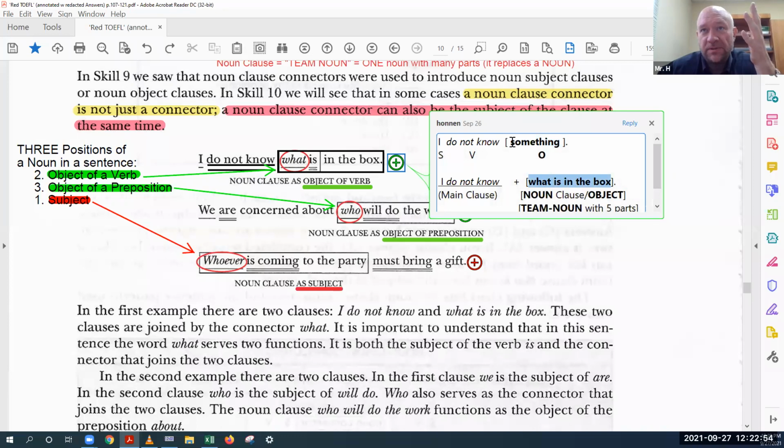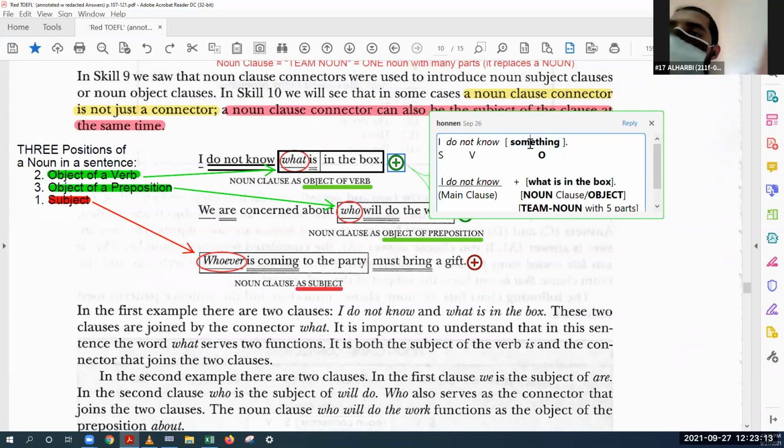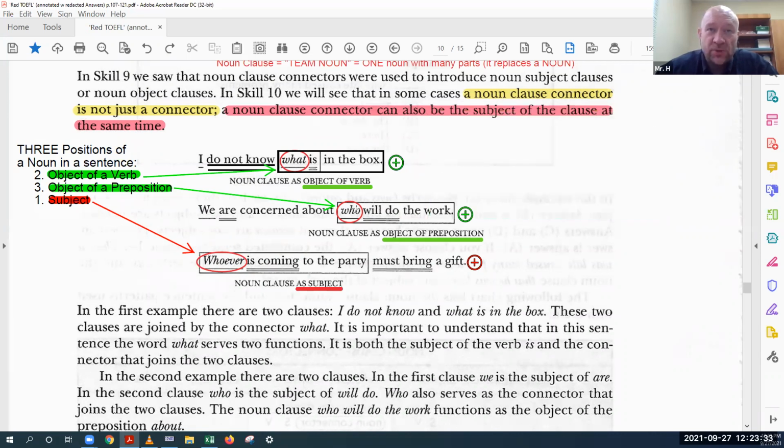Something is one word maybe. You see how I switched it? So what does that mean? It's the same thing, right? We replace it with this noun clause. Do you understand? Okay. All right, good. Osama, let's try the next one.